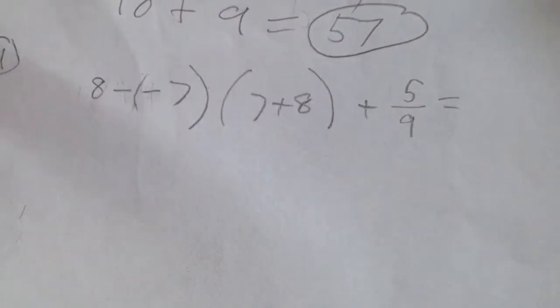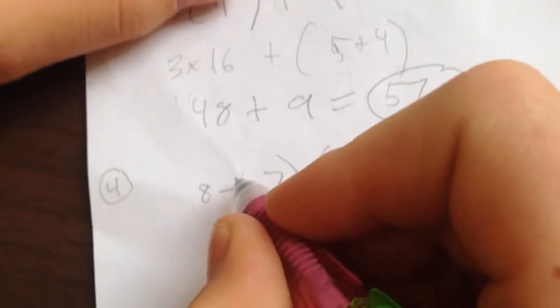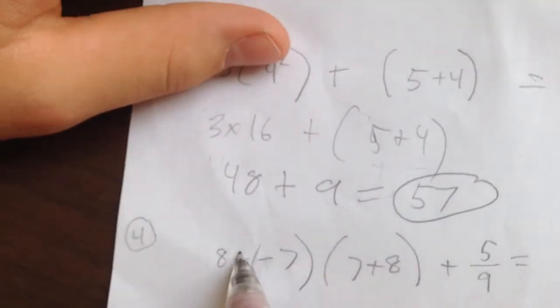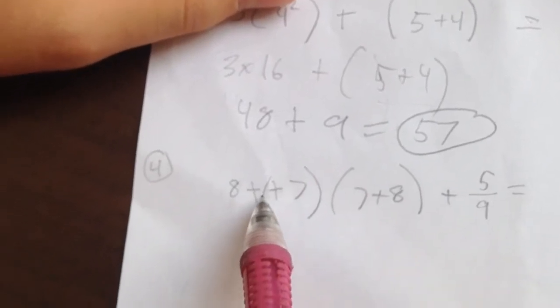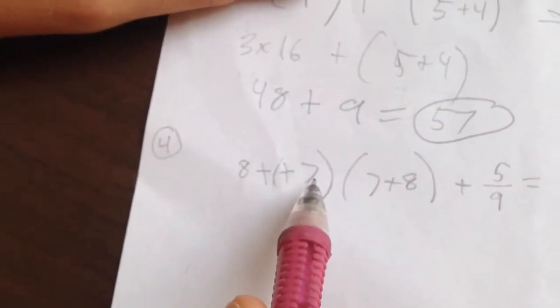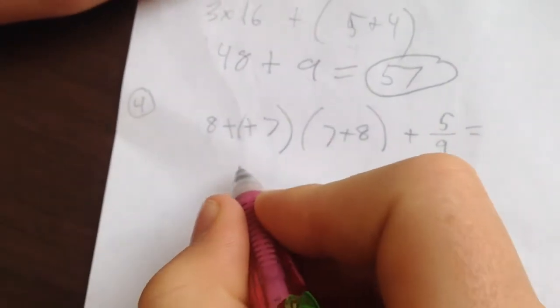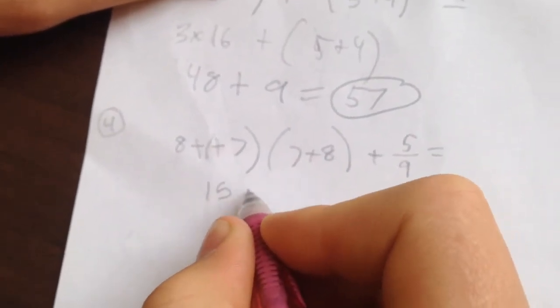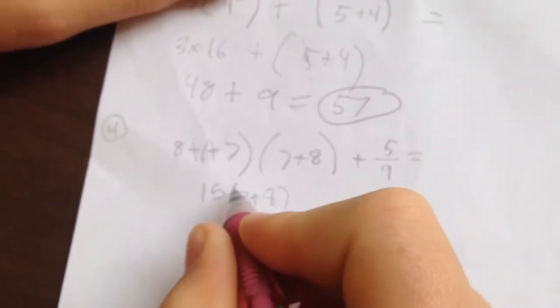Okay, now do number 4, and when you're done, we'll teach you how to do it. Okay, so for this you do chop chop because there's 2 negative signs next to each other. So you make them positive. So you do 8 plus positive 7, which would be 15, times 7 plus 8.